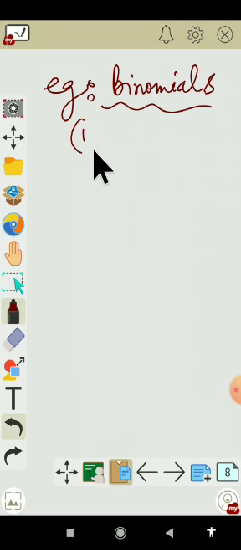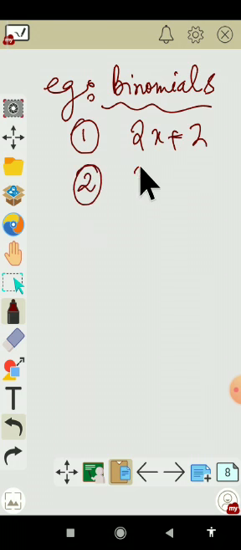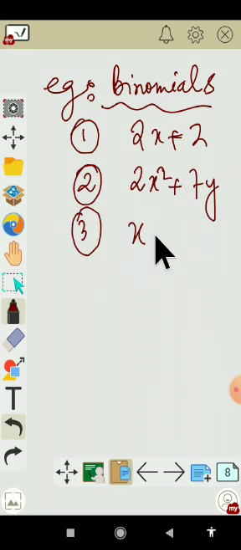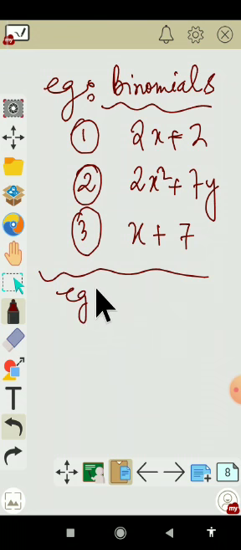Two terms will be there. This is a binomial: 2x square plus 7y. This is a binomial: x plus 7. This is also a binomial.